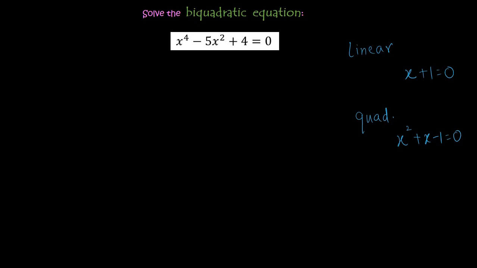Now, this is something new: x to the power 4. These types of equations are called biquadratic equations, or also quartic equations. Okay, so this was the summary, and now let's start the main question.